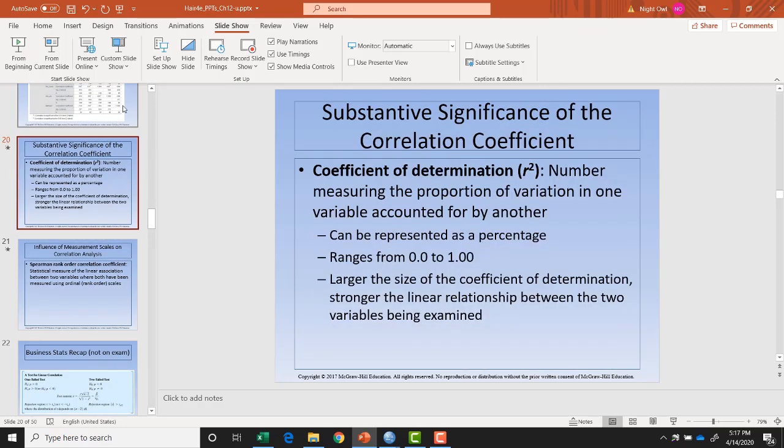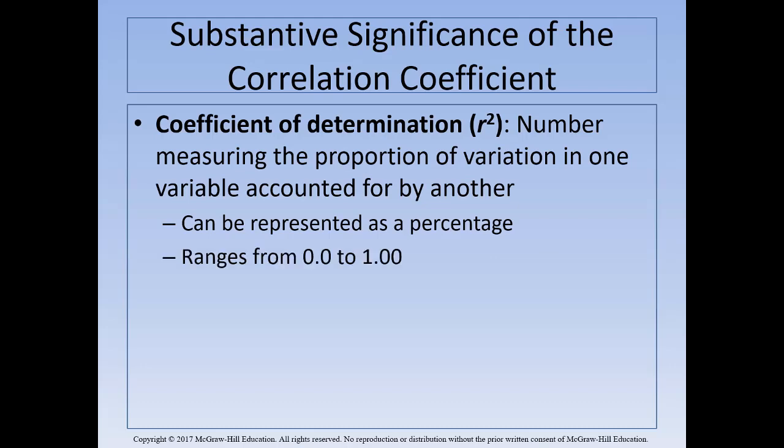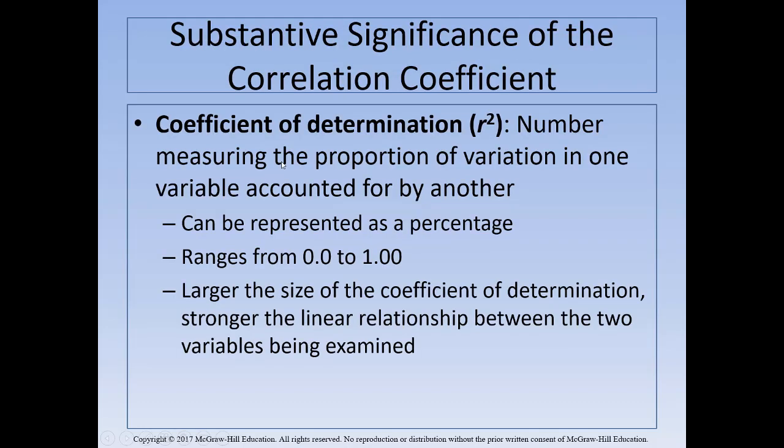Okay, a few other things. Something we're not going to emphasize too much, and we'll talk about it a little bit more when we do regression, is the coefficient of determination. That's just kind of a non-signed version of the strength of relationship. And when we go to regression, we'll talk about how it's related to the variance.